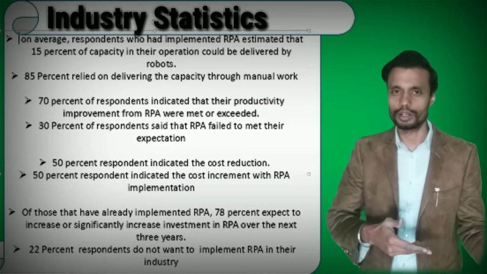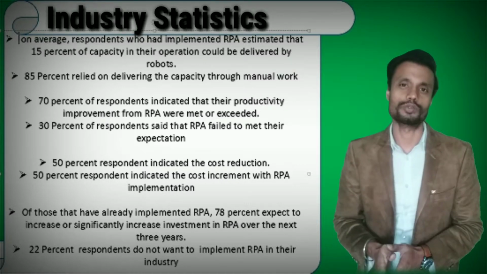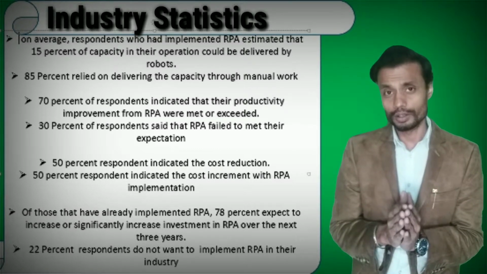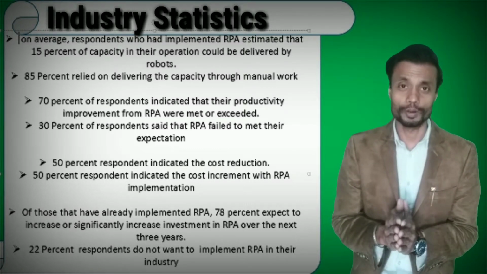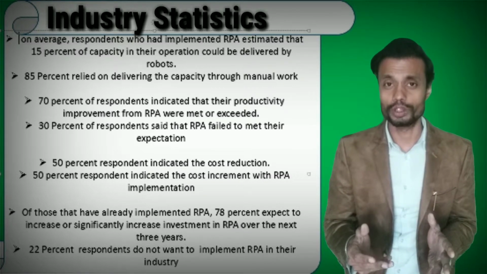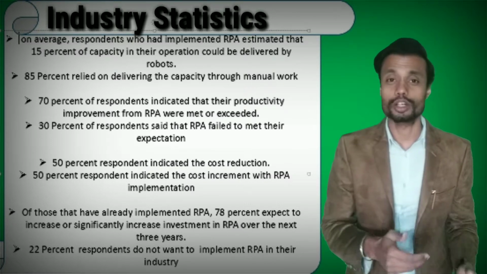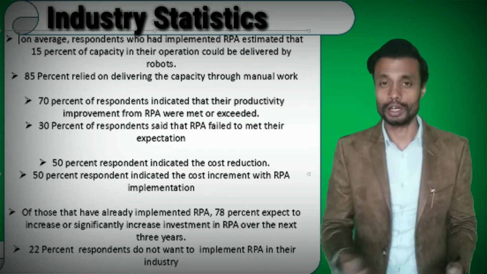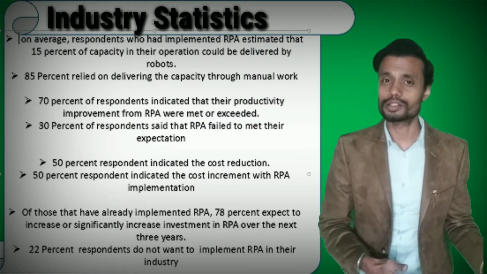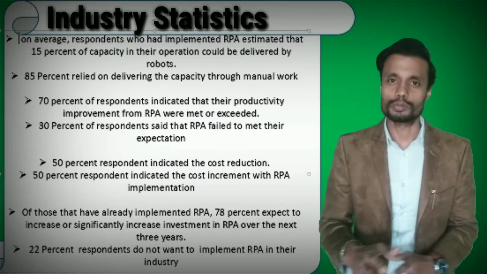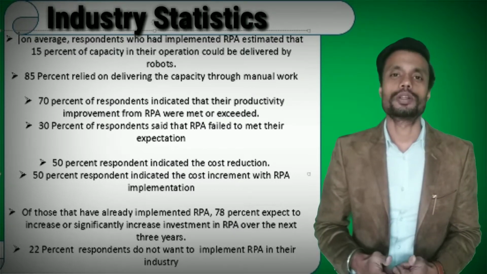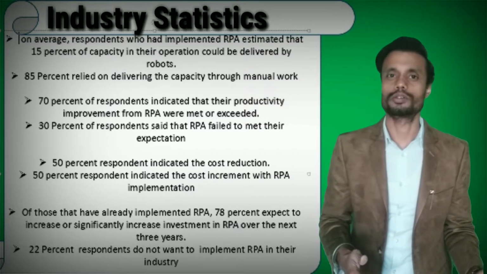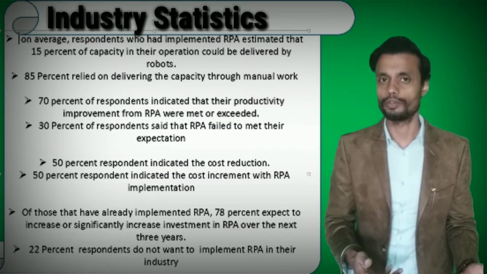But now let's discuss the various insights which we have obtained from the market research. Now 70% of respondents say that their productivity has been exceeded or met with implementing RPA, and just 30% say that they haven't seen any productivity from RPA. Their manual activity was good. This is more of a sample study which has been conducted by some of the prestigious organizations in the RPA field.